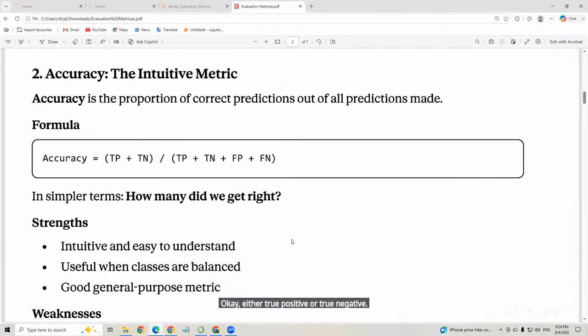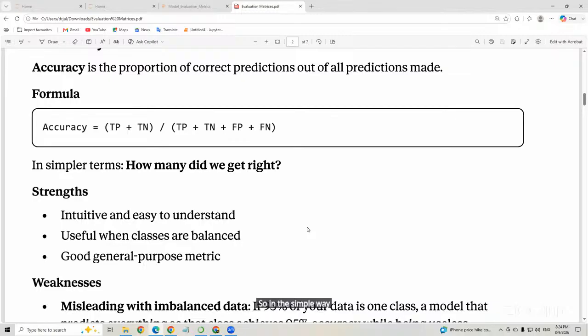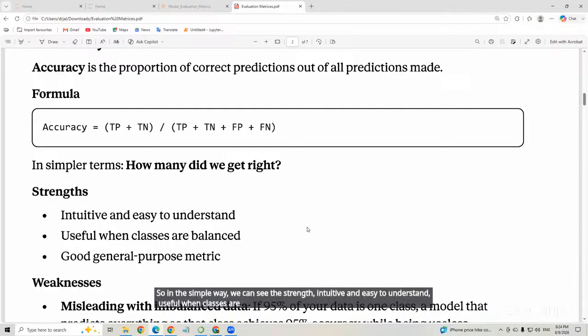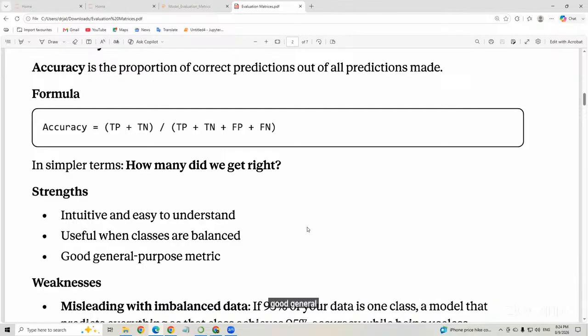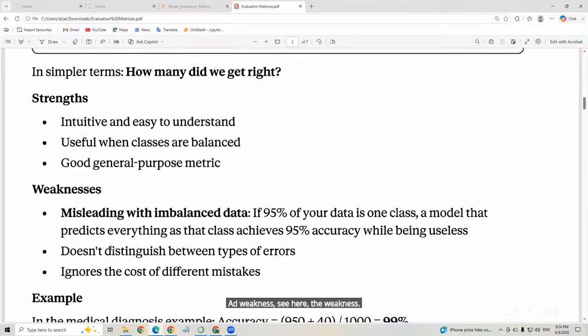In a simpler way, we can say the strength is that it is intuitive and easy to understand, useful when classes are balanced, a good general purpose metric, and weakness. See here the weakness. Everything we are required to understand is clearly defined here.